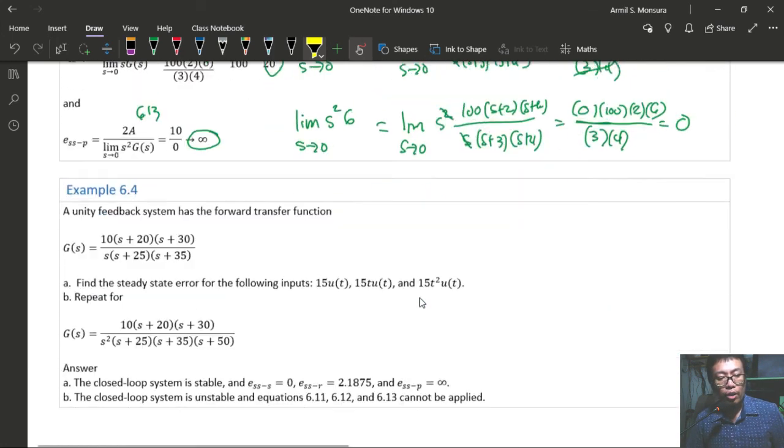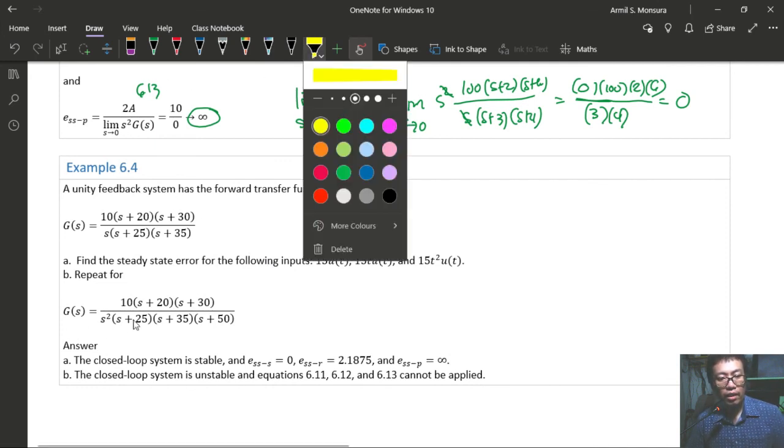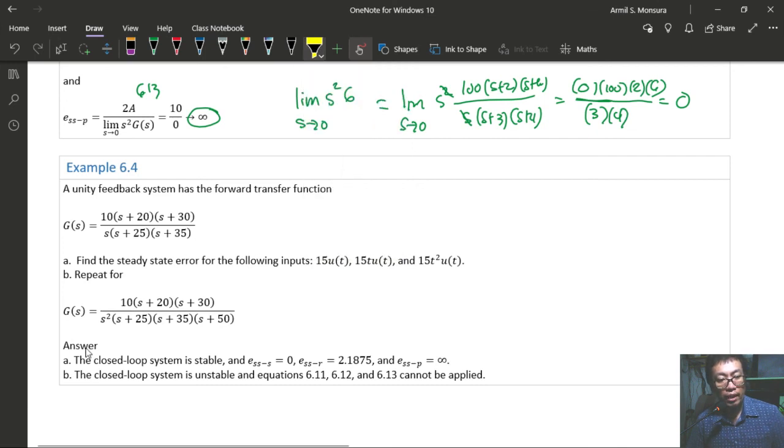Okay. Also, please do work on example 6.4 para ma-practice niyo yung paggamit ng formula. Okay, and at the same time, dapat maging careful tayo sa pag-apply ng formula sa letter B dahil lumalabas na yung system niyo ay unstable.